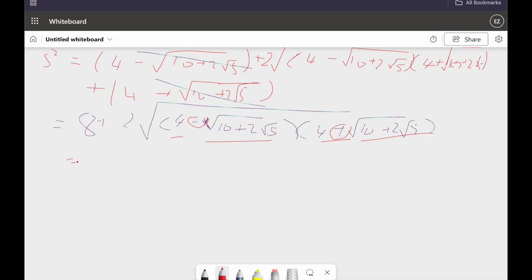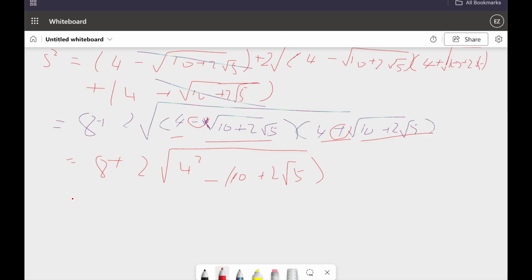So we get 8 plus 2 times the square root of 4 squared minus (10 plus 2 square root 5).